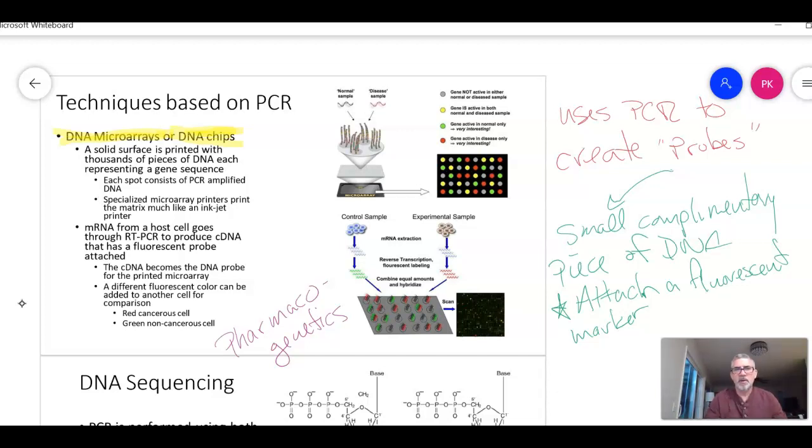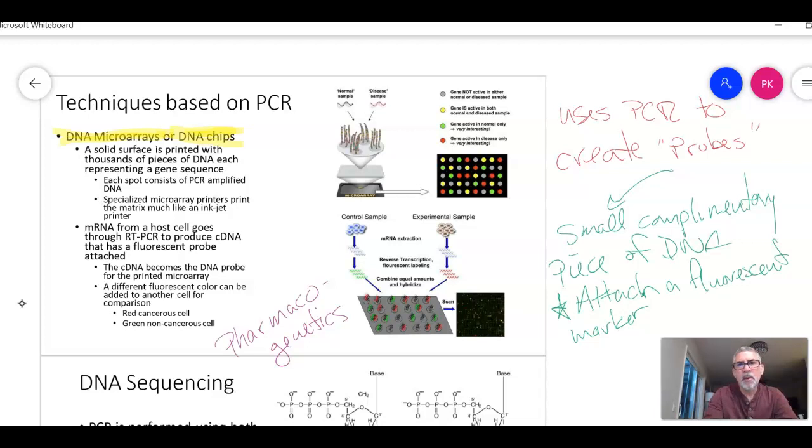Originally, it didn't go very far, but recently I had a family member who was taking medication, and the medication wasn't seeming to work. And they did a DNA microarray study, and they looked at DNA markers and said, hey, this medication probably works really well based on his marker, and this medication probably doesn't work so well because of the DNA markers. So they use fluorescent probes.